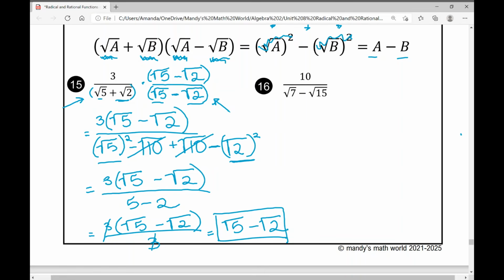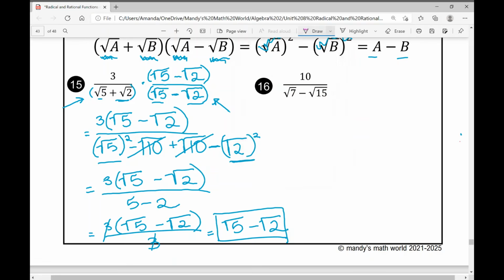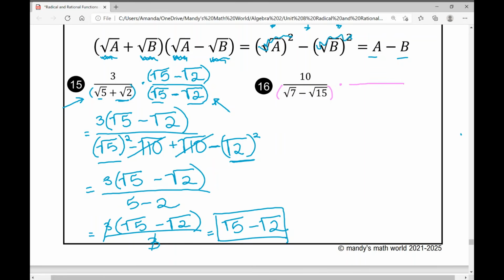Let's move on to our last and final example, problem number 16. Lots of examples. So I have 10 divided by the square root of 7 minus the square root of 15. So I'm going to multiply it by its conjugate to get rid of the radicals in the denominator. The conjugate of the square root of 7 minus the square root of 15 is the square root of 7 plus the square root of 15.